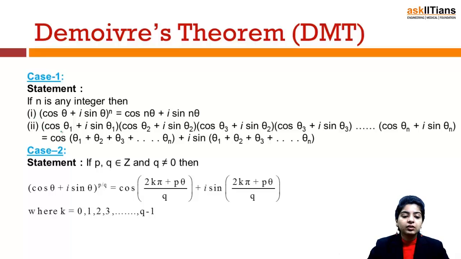So the first case says that if n is any integer, then (cos theta plus iota sine theta) raised to the power n is equal to cos n theta plus iota sine n theta.